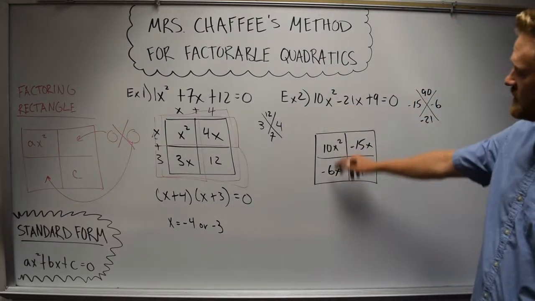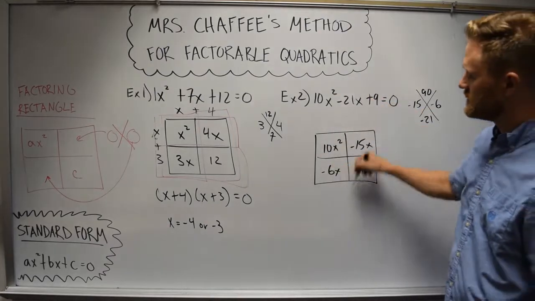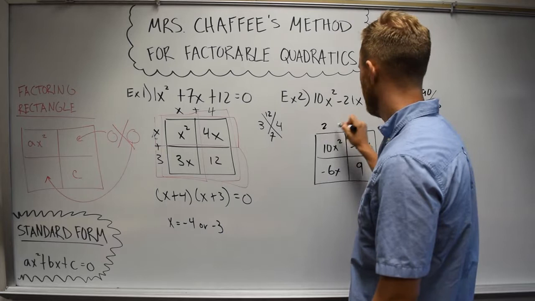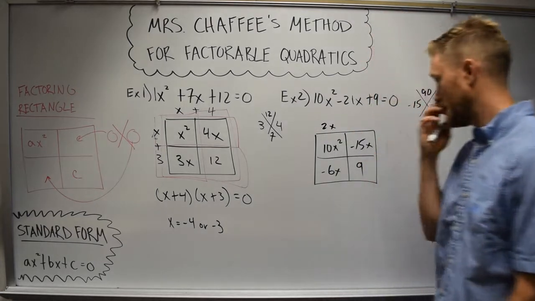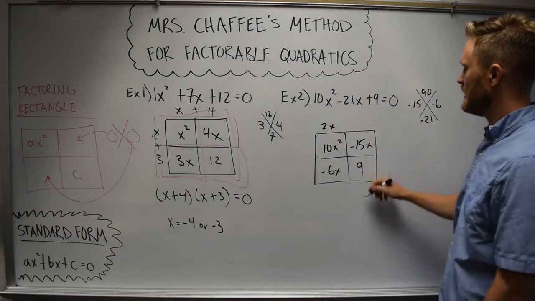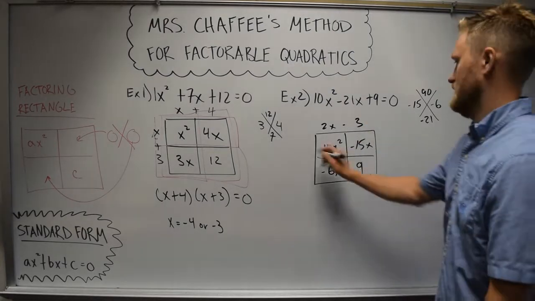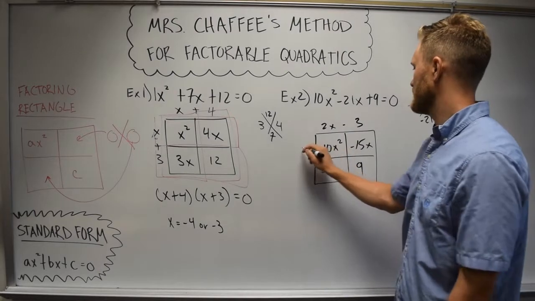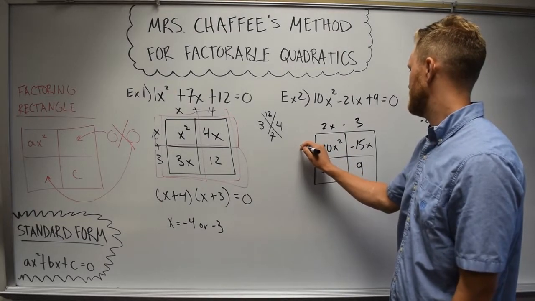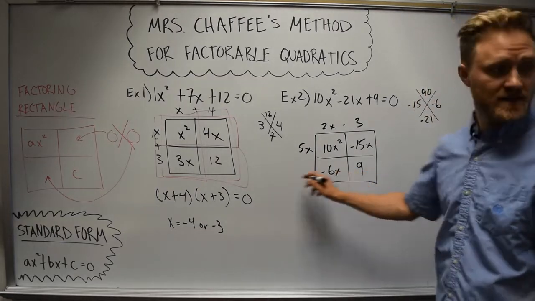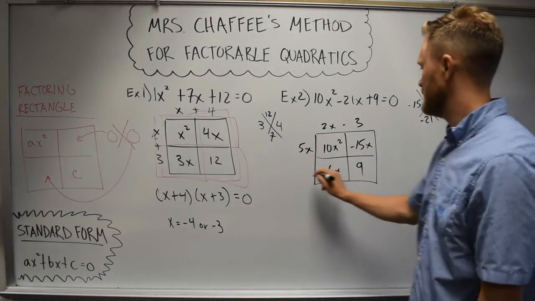And then I'm going to factor out whatever I can in this first column here. So I can factor out a 2x. Look at the next column, I can factor out a negative 3. Then look at this row, I can factor out a 5x. And then if I look at this one, I can factor out a negative 3.